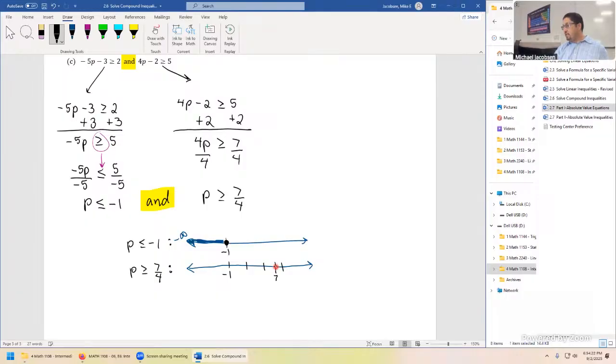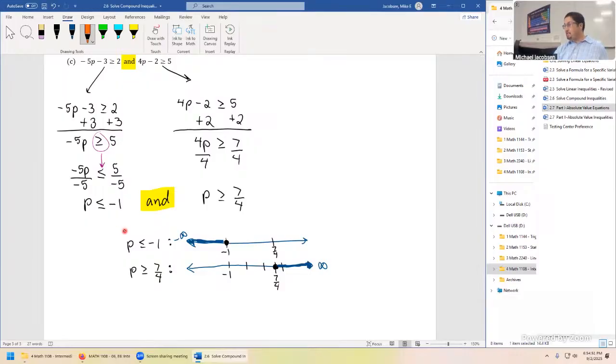Put a little line there for 7/4. Straight up above, just for reference, here's 7/4 again. This is a greater than or equal to, so a solid dot on this one. And for this one, we're asked to shade to the right, since P is greater than 7/4, meaning all numbers to the right of 7/4, off to infinity.